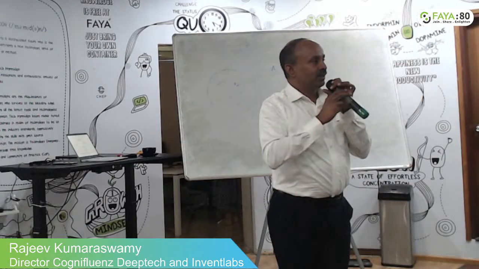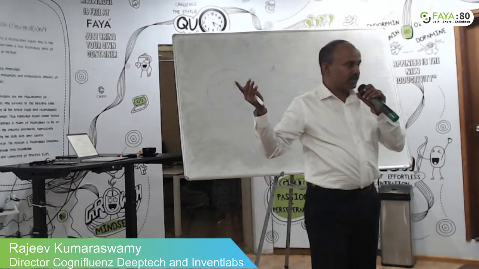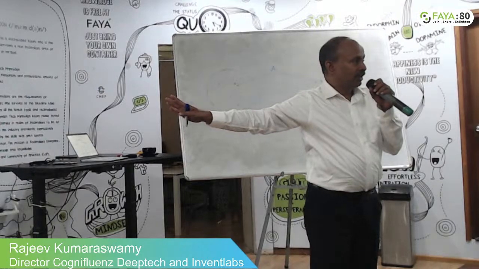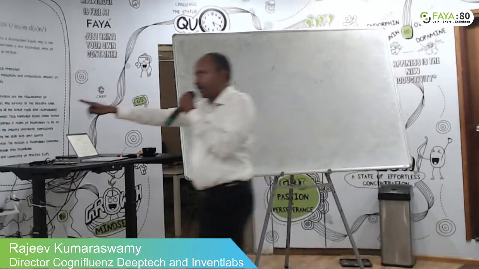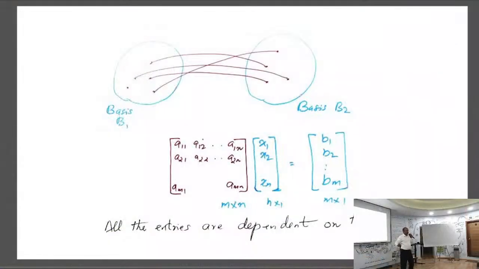The one thing you need to carry from this discussion is that this matrix usually has m into n numbers. If you do the matrix multiplication, it's going to be m into n multiplications and m into n minus 1 additions. Addition, let us throw it away. Multiplication is more costly. So mn multiplications.